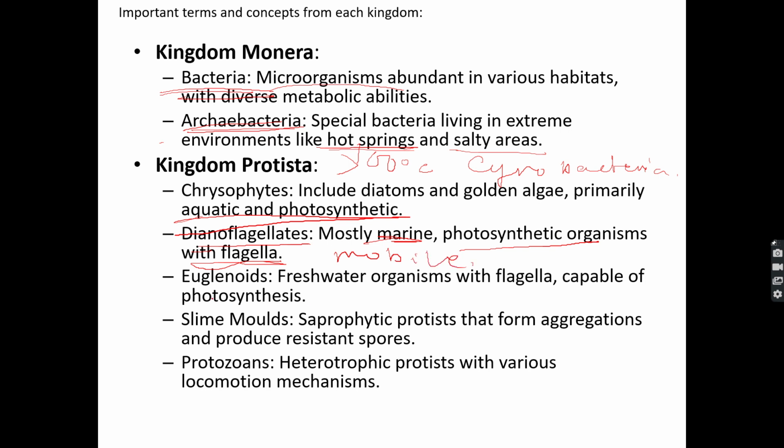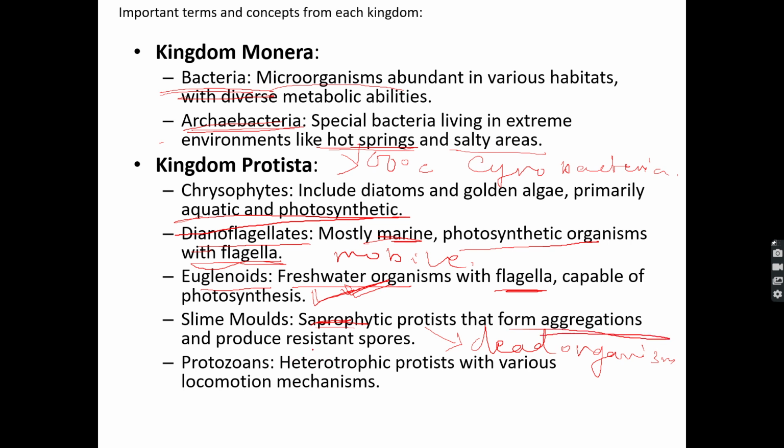Okay. Now next is your euglenoids. Euglenoids are also aquatic, but they are freshwater organisms, and they also have flagella, and they can photosynthesize. Now slime molds are a bit different. They are saprophytic, basically feeding on dead organisms, and they form aggregations.